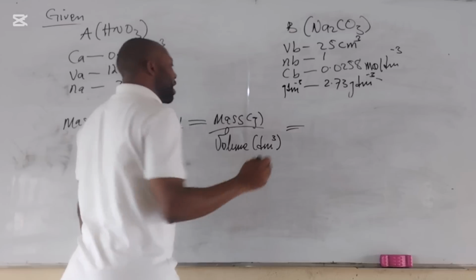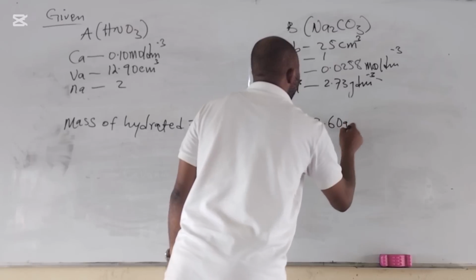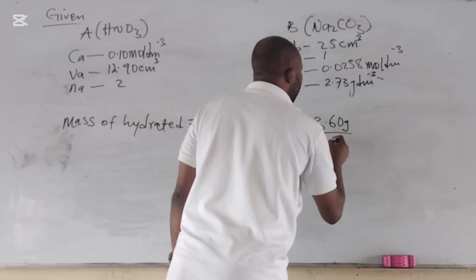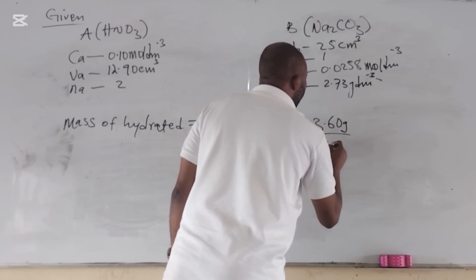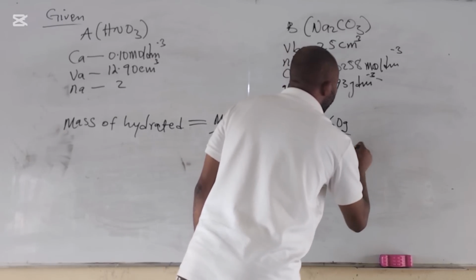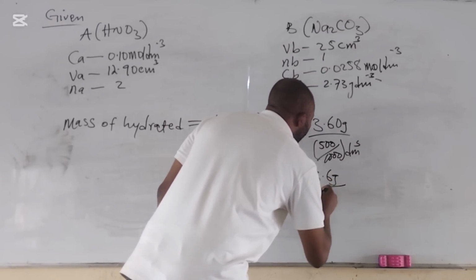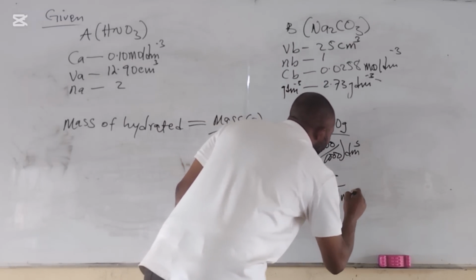And the mass in gram is 3.60 gram, over 500 over 1000, which is 0.5 dm³.